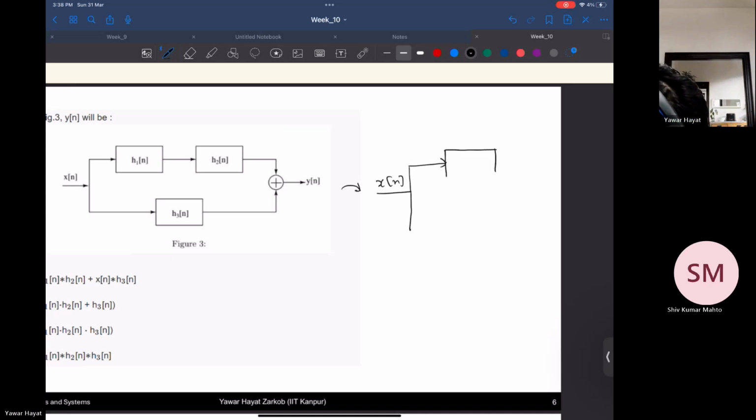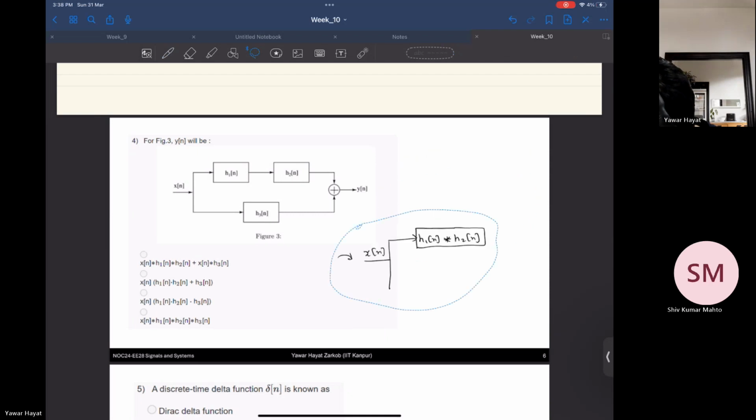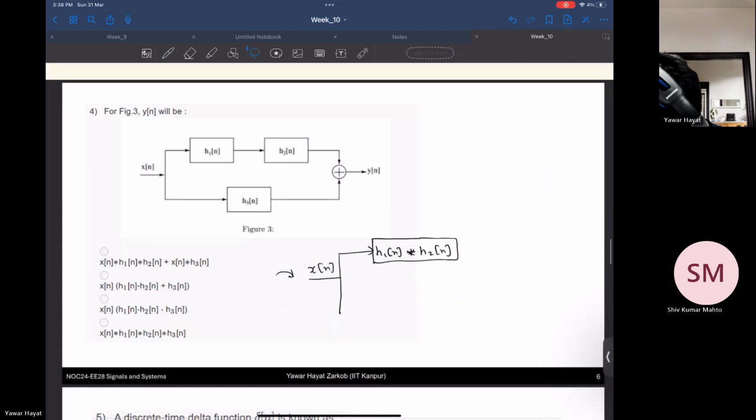So I will have the convolution of h1 and h2, and we'll keep this h3 of n as it is.